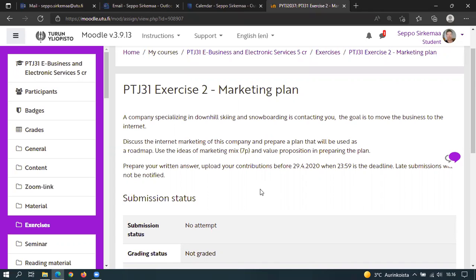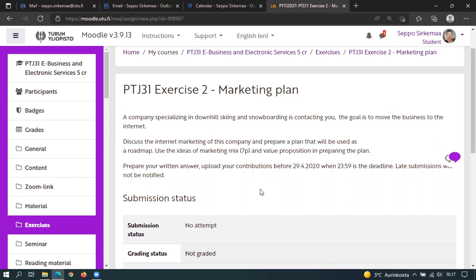Use the ideas of marketing mix 7P and value proposition in preparing the plan. Both of these things, marketing mix and value proposition, have been available in the slide sets. So it's a very good idea to look at the slide sets and the content in general here in the Moodle course website, and use those ideas as a basis when preparing the plan for the customer.